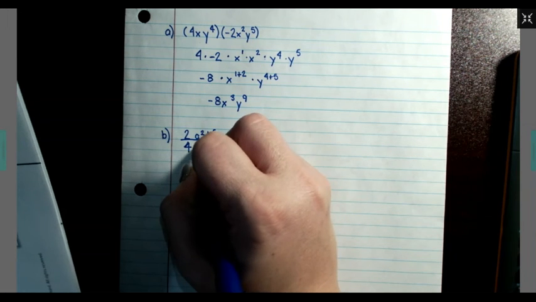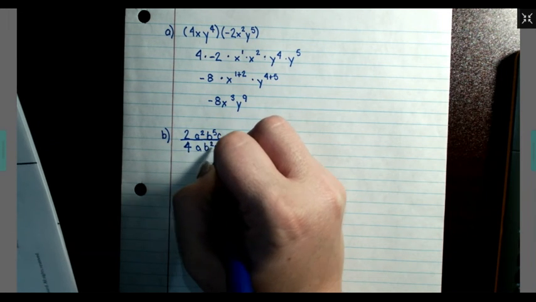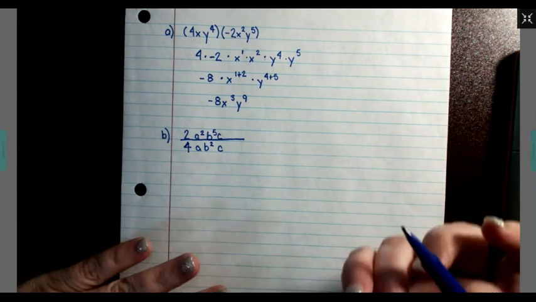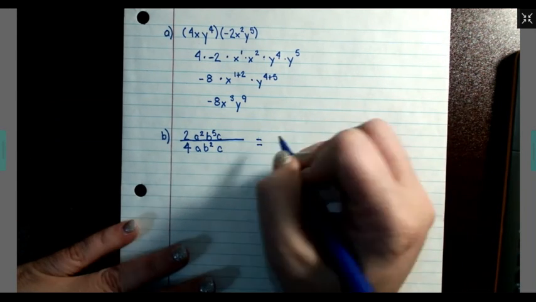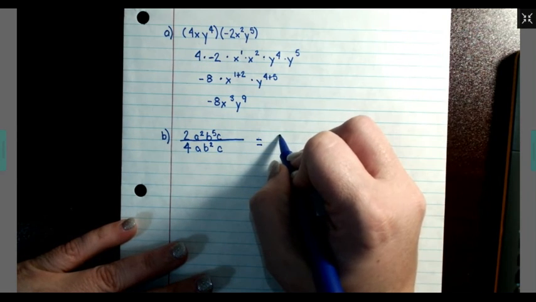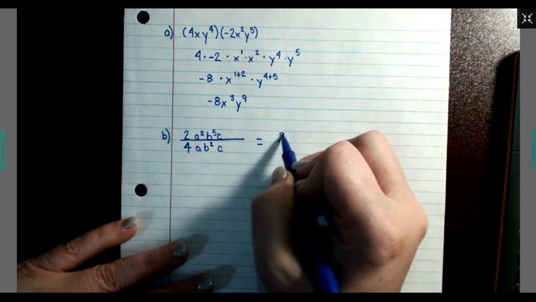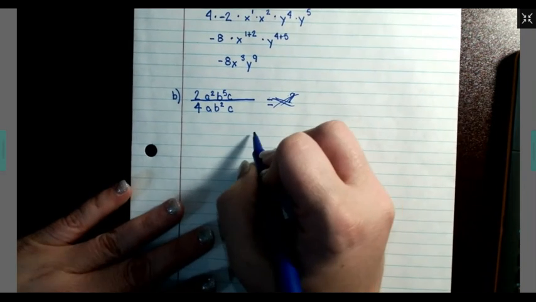And we have a b squared c. So we're going to group together. Oops, I shouldn't have put this here. Sorry. I want to go down.